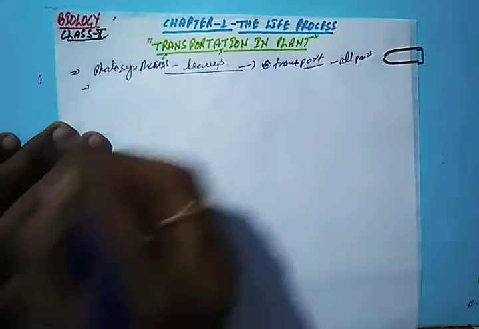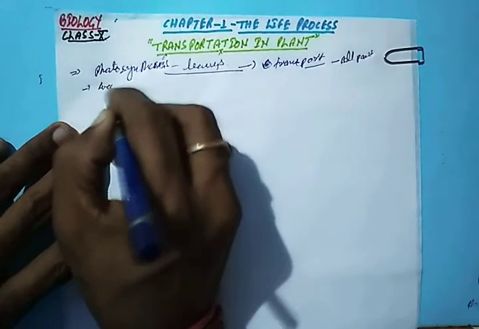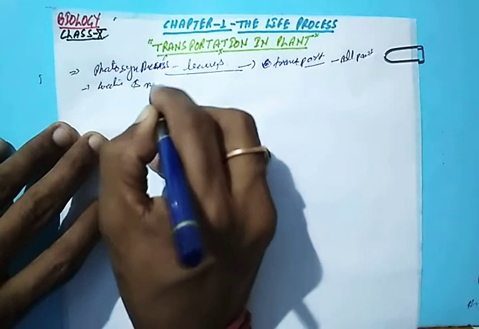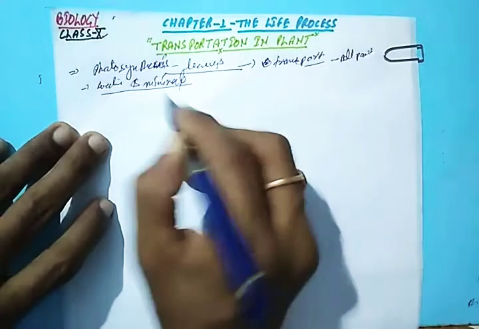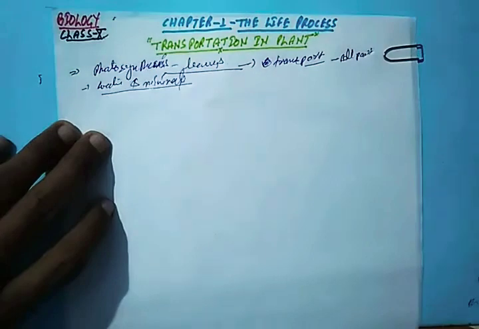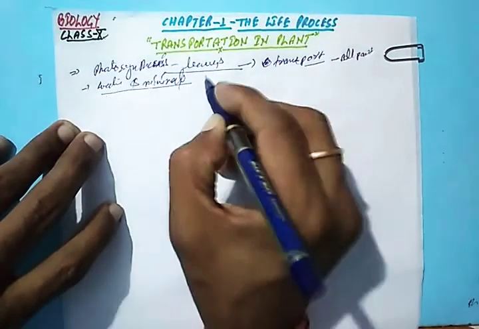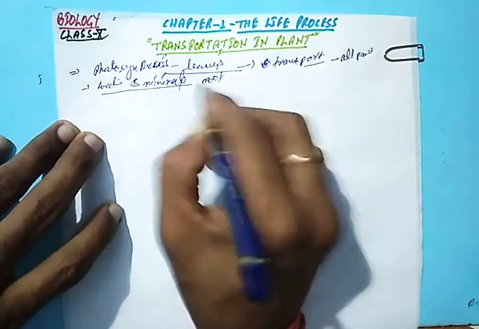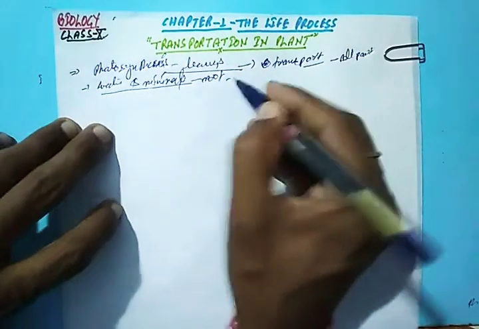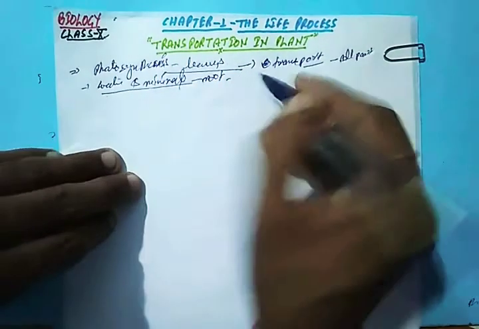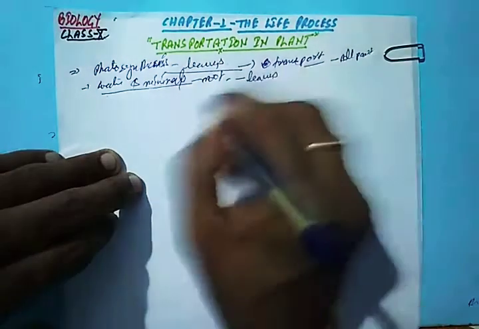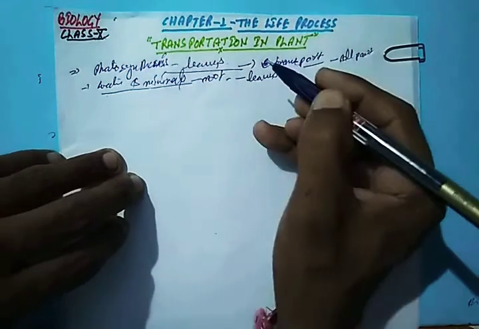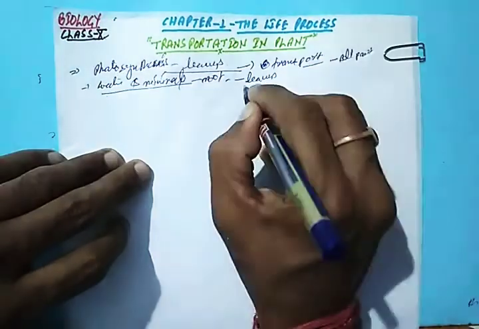The second important thing is water and minerals. Water and minerals are absorbed by the roots, and it is necessary to transport them to the leaves to make the food.